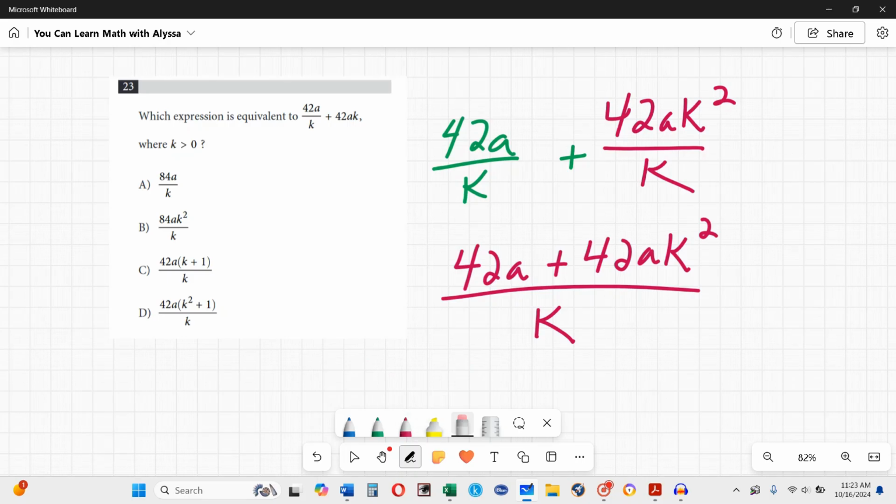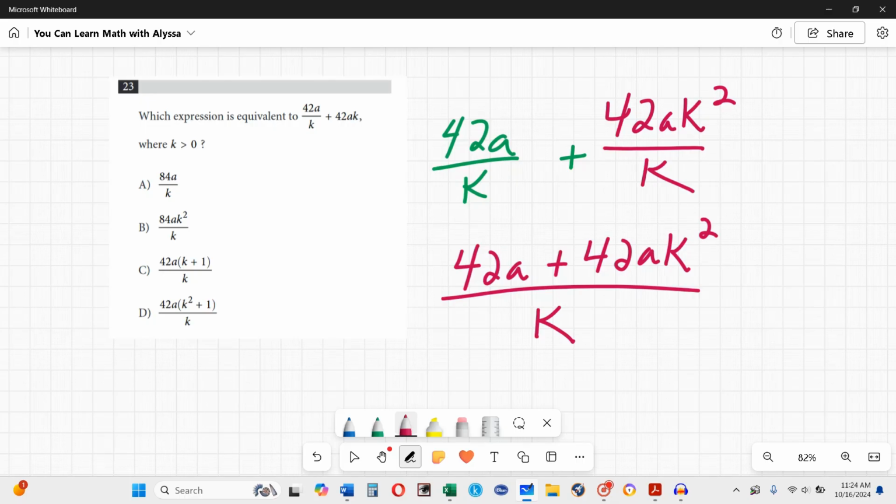Okay, but does this look like any of our answers? No, it doesn't. So right off the bat, what are they trying to lead us towards? The first two look like they're trying to lead us towards combining those in some way. Can we do that? No, we cannot do that because they do not have the same variables. They have to be exactly the same variables for you to be able to add them together.